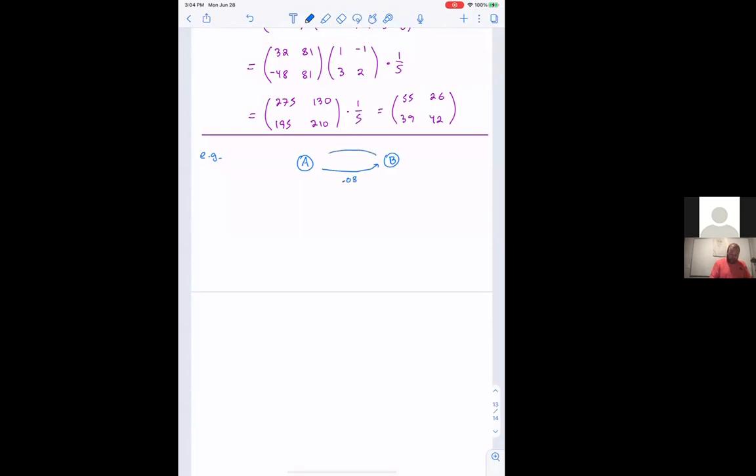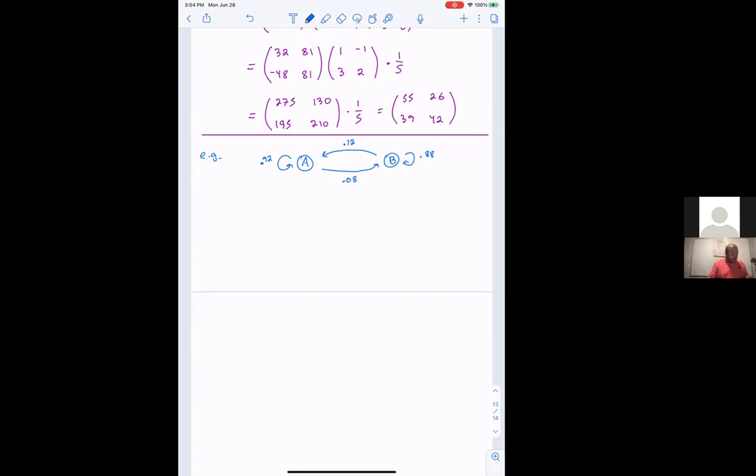And 12% go from B to A, 0.12, which tells me that there's an 88% chance that people remain in B, and there's a 92% chance that people remain in A. This is our transition diagram. It also says you can assume that there's no other movement. So if people leave these two neighborhoods completely, other people come in and we just ignore them.